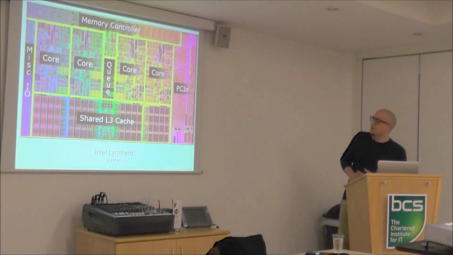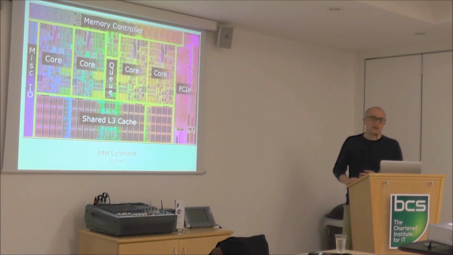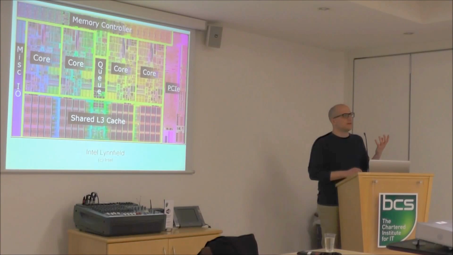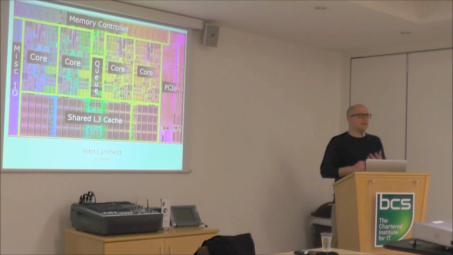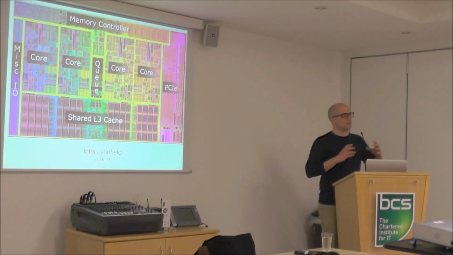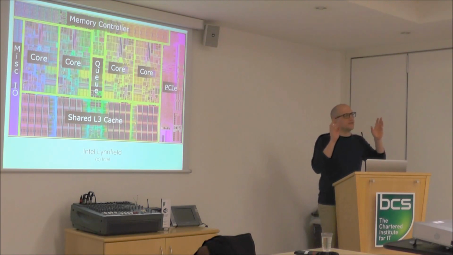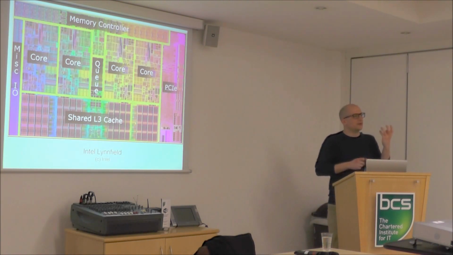So, if you were to look at the die photo of a recent microprocessor, you'll find that it's organized at a higher level into functionally few but very sophisticated, very complex parts.